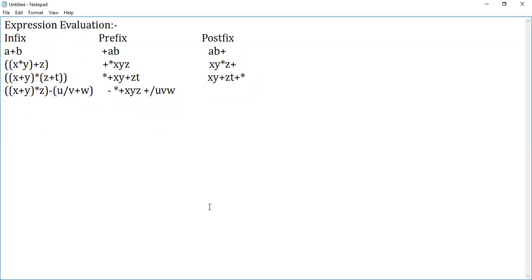Guys, shall we discuss the answer? Okay, Sai Kumar is writing again. Yeah, now it is right, Sai Kumar. Good. Akash.